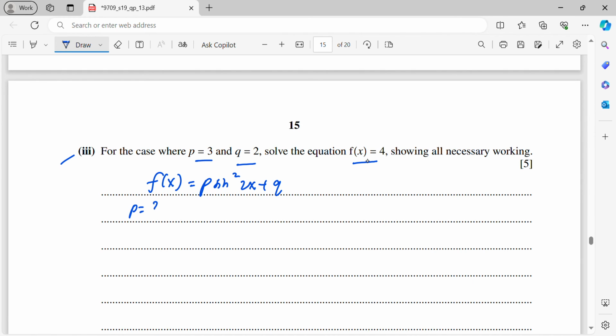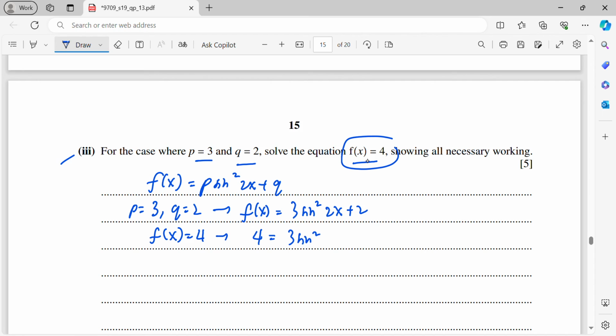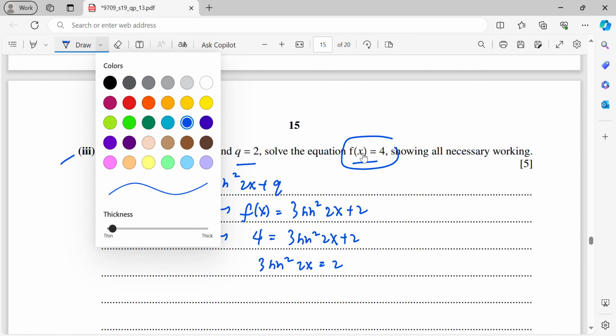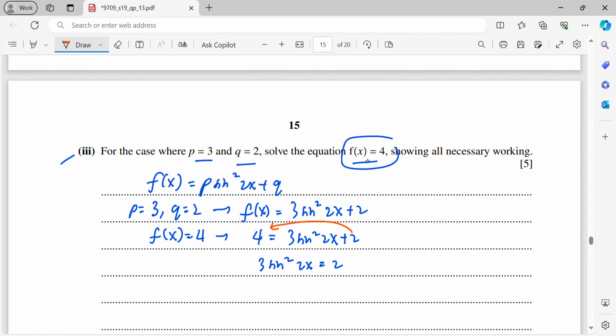So p equals 3, q equals 2, that means my f(x) = 3 sin²(2x) + 2. Okay, and now f(x) = 4. So 4 = 3 sin²(2x) + 2. Therefore, 3 sin²(2x) is 2 because you move the plus 2 to the other side. And now I need to get sin²(2x). That is 2/3.